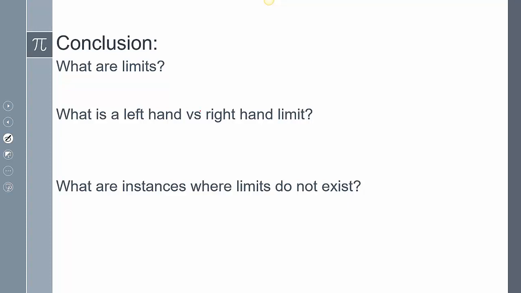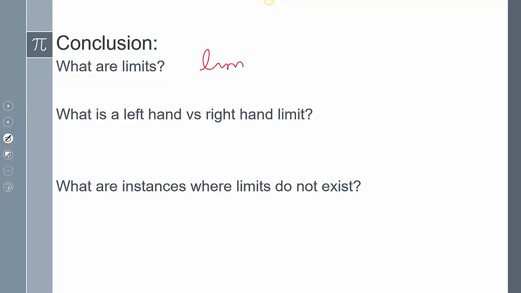So let's conclude the lesson. First thing, we said, what are limits? Just to give a non-ultra definitional explanation of it, a limit is how we are approaching a value.